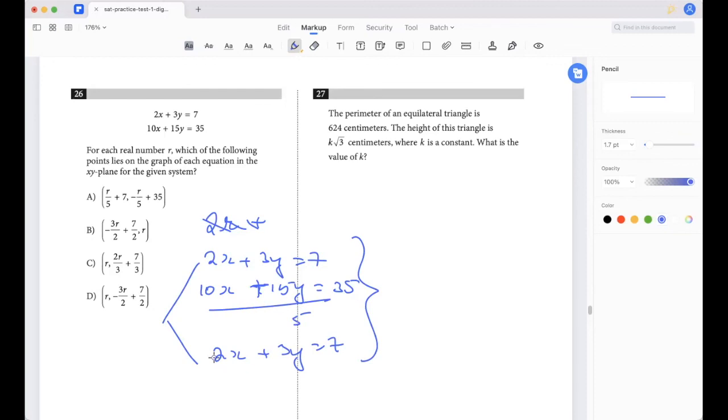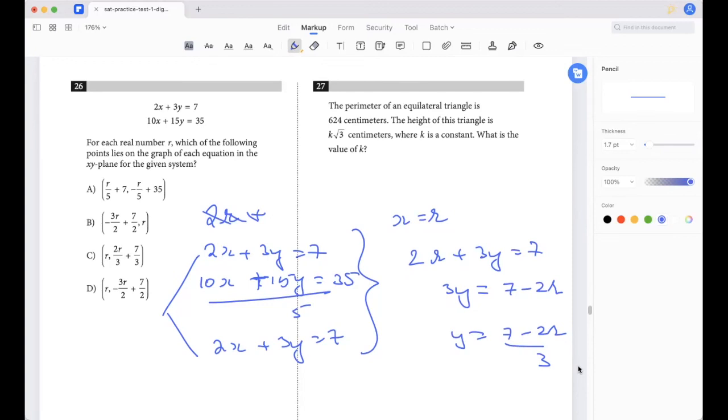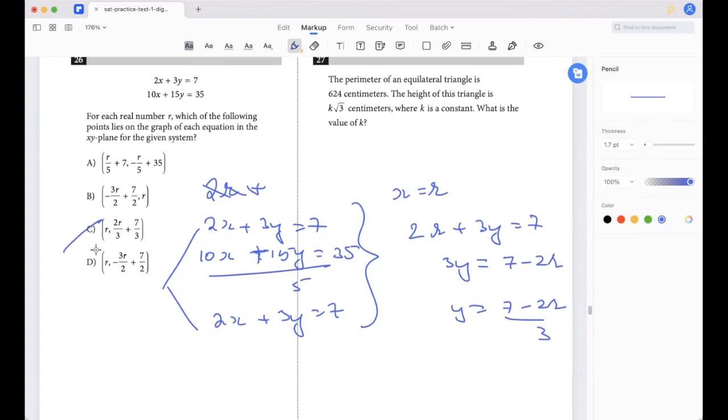So if I take, let's say x is r, then 2r plus 3y is 7. So 3y is 7 minus 2r. So y is 7 minus 2r by 3. Right? So if x is r, y is 7 by 3 minus 2r by 3. So it's definitely not C. And it's definitely not D also.